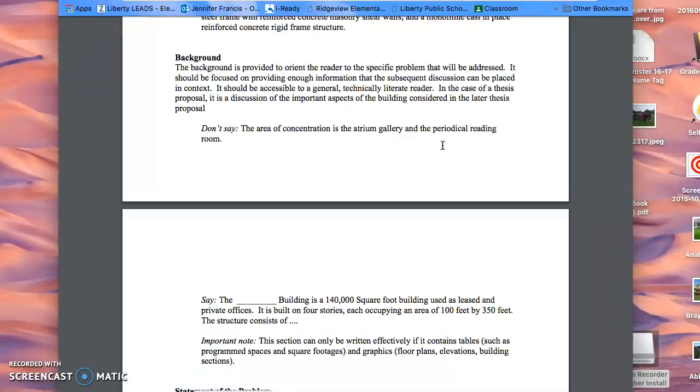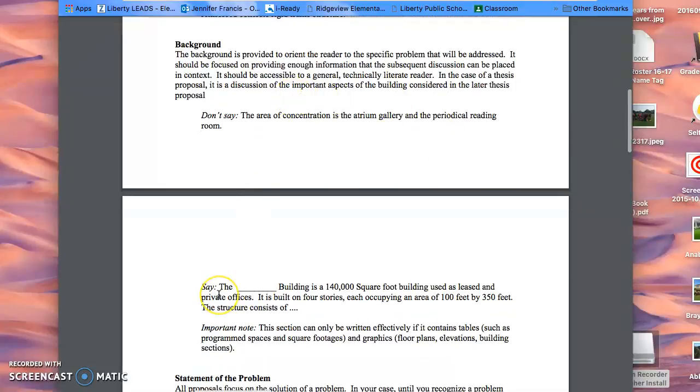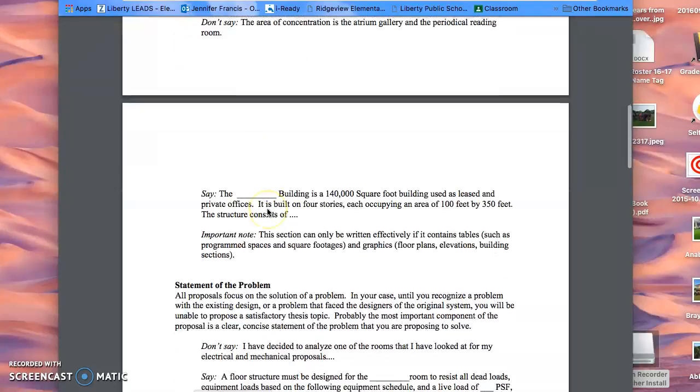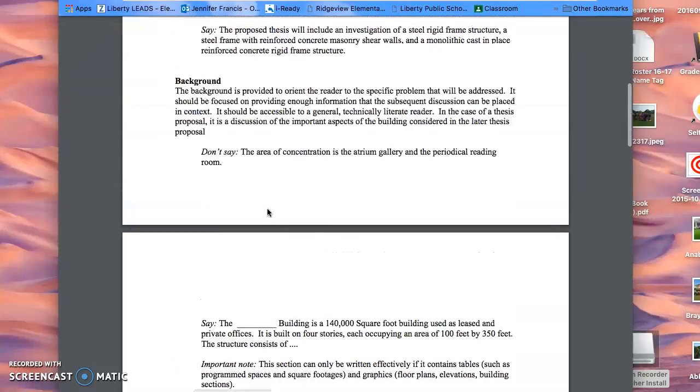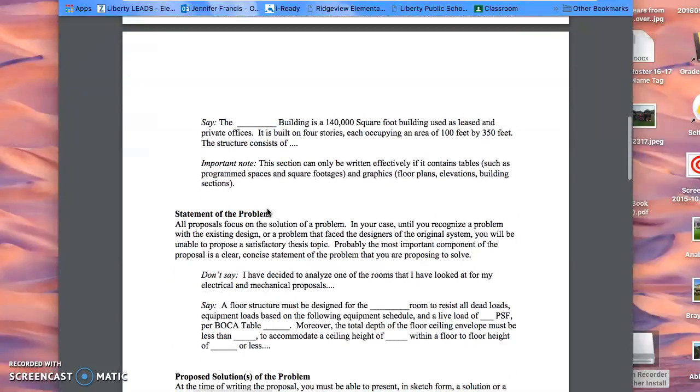Okay? Now, you'll notice down here it says don't say and it says say. So it wants you to be very specific. So it's saying exactly, the blank building is a 140,000 square foot building used as lease and private offices. All right? It doesn't say the area of concentration is the atrium gallery. Okay, it wants you to be very, very specific on the background that you are addressing.